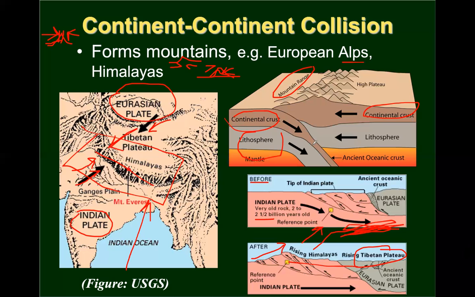Normally once you have a risen mountain range, there will always be a high plateau region beside it. So this is the geomorphology produced as a result of continent collision.